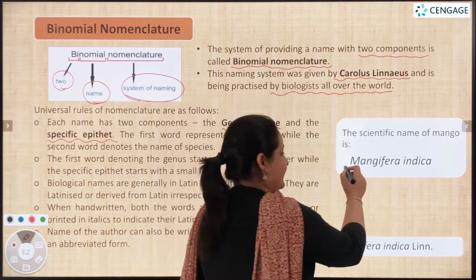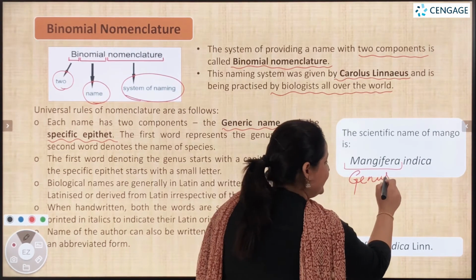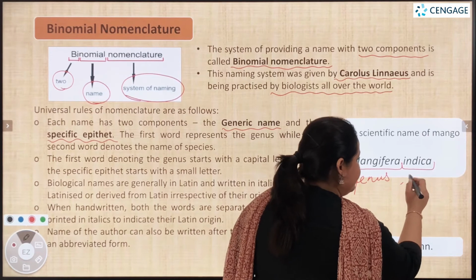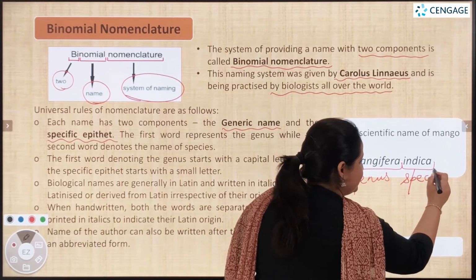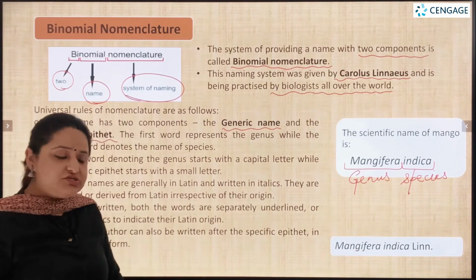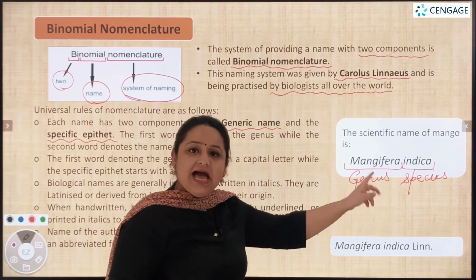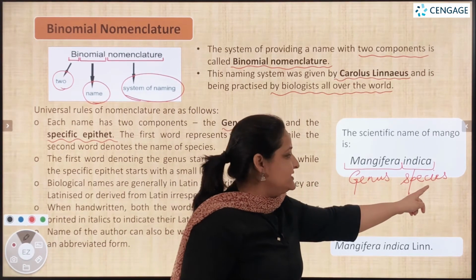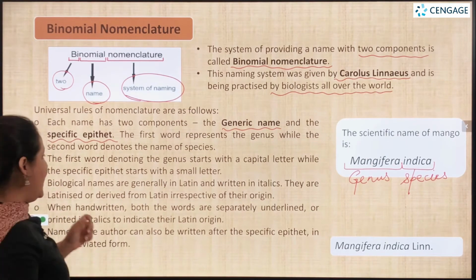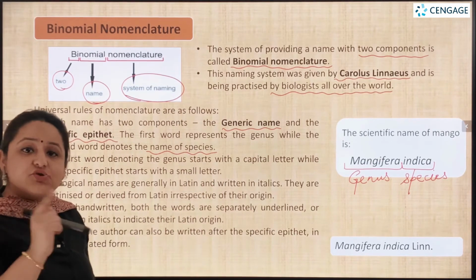The very first part of this name represents the genus to which mango belongs, and the second component of the name represents the species to which mango belongs, and that is indica. So let's come back to our very first rule, that each name has two components, the generic name and the second component, the specific epithet. The first word represents the genus while the second word denotes the name of the species. This is rule number 1.